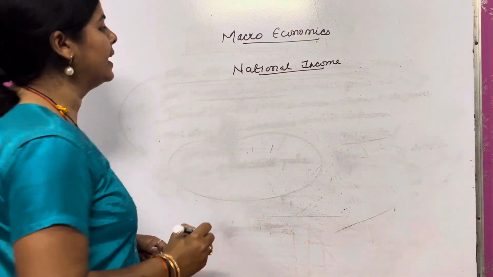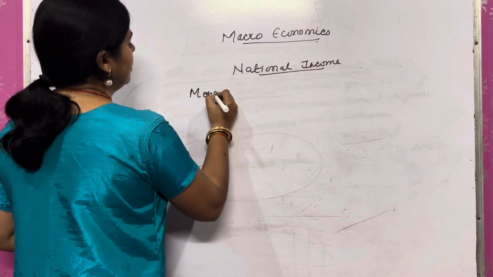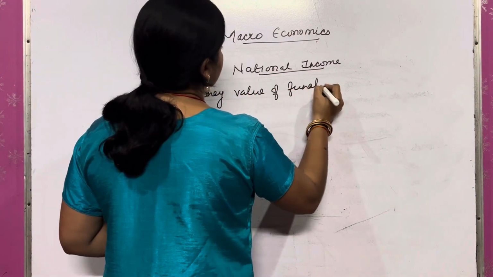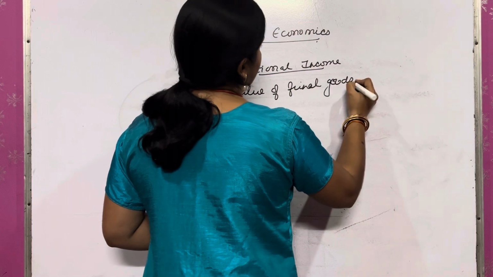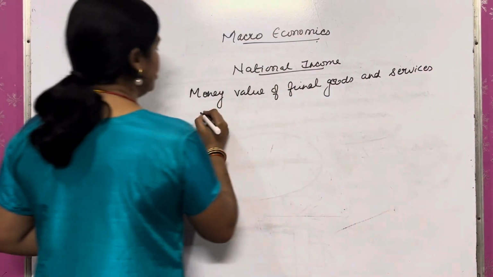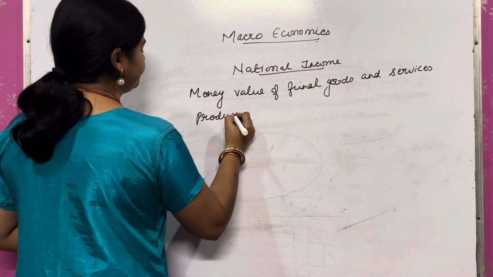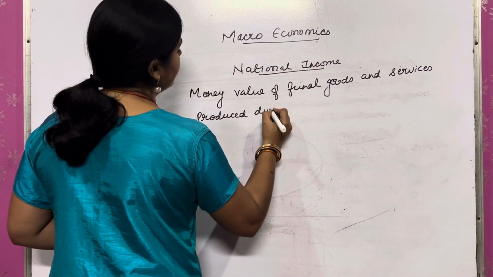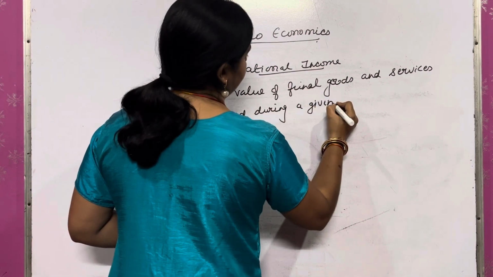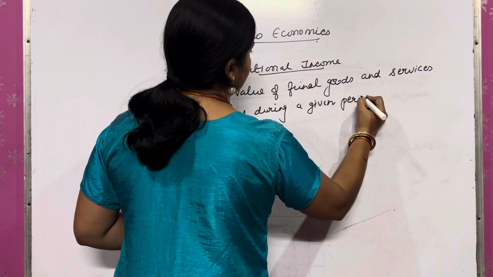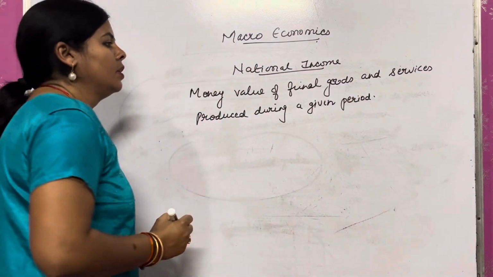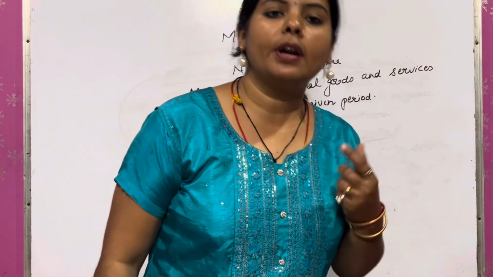National income is nothing but the money value of final goods and services produced during a given period in a fiscal year.